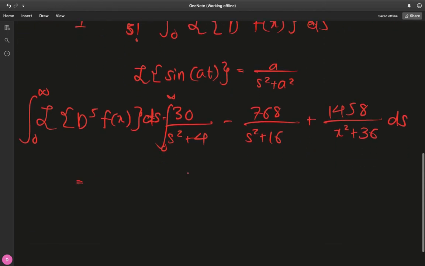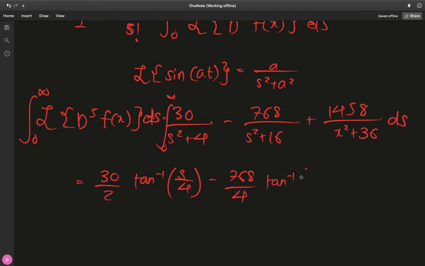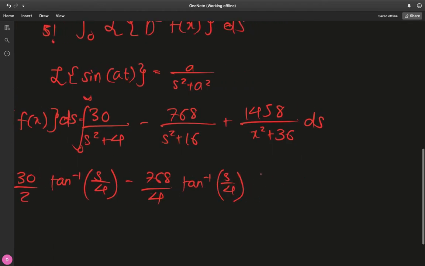So when we do that, we have 30 over 2 times the inverse tangent of s over 2, minus 768 divided by 4 times the inverse tangent of s over 4, plus 1458 divided by 6 times the inverse tangent of s over 6.